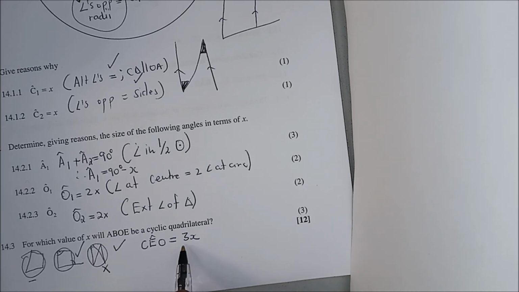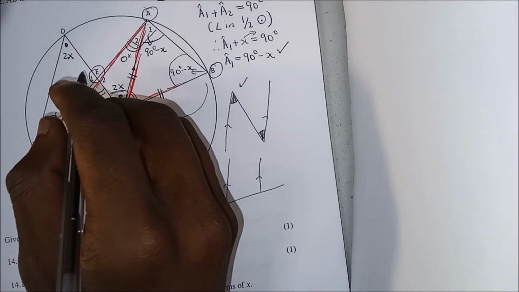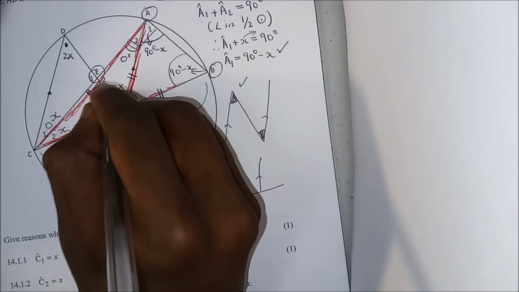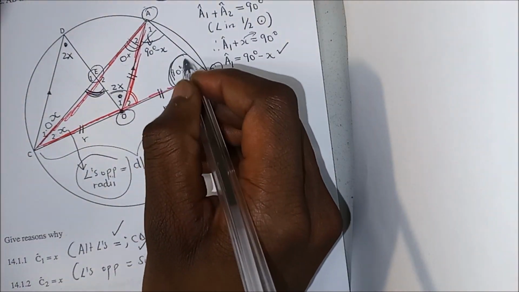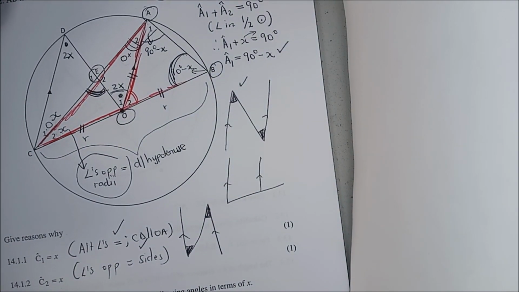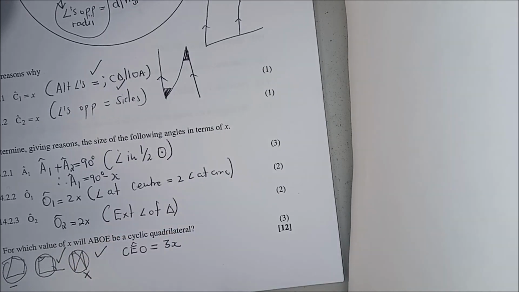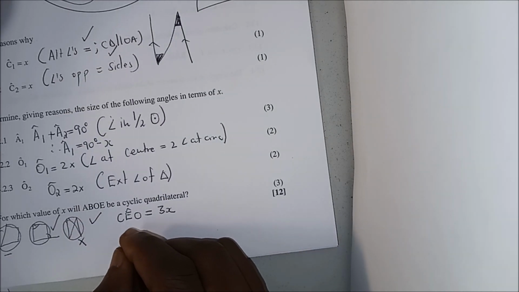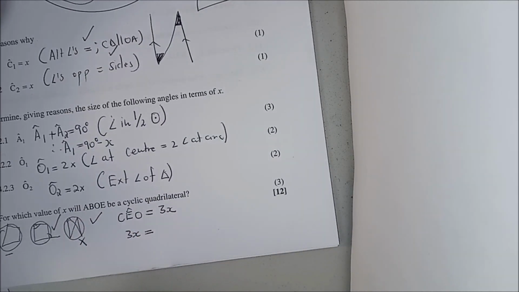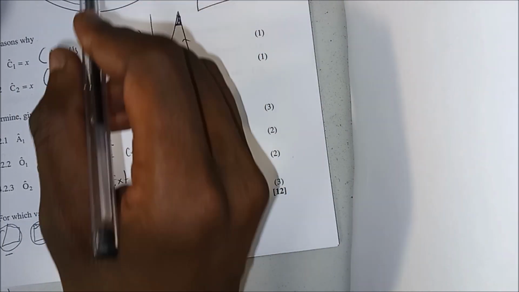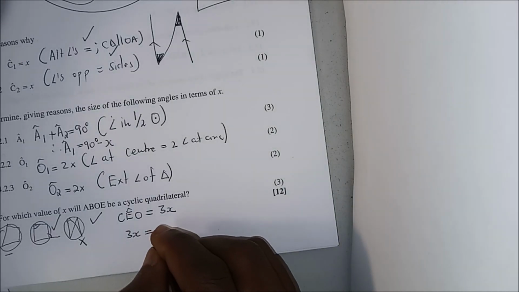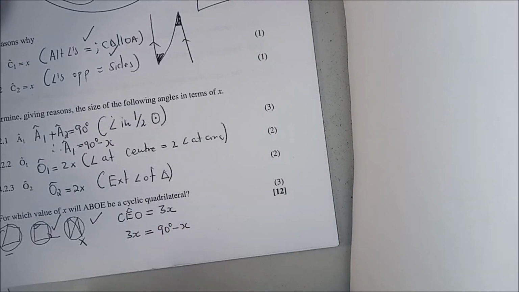So CEO, which is 3x, has to be equal to that one that is inside there. So for this thing to be a cyclic quad, 3x has to be 90 degrees minus x.